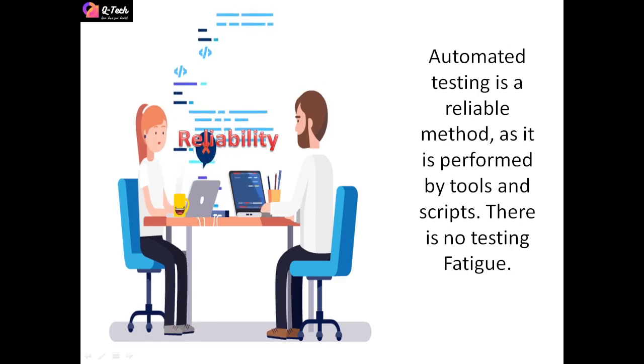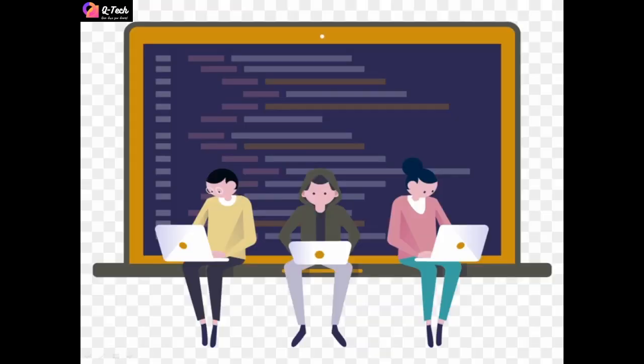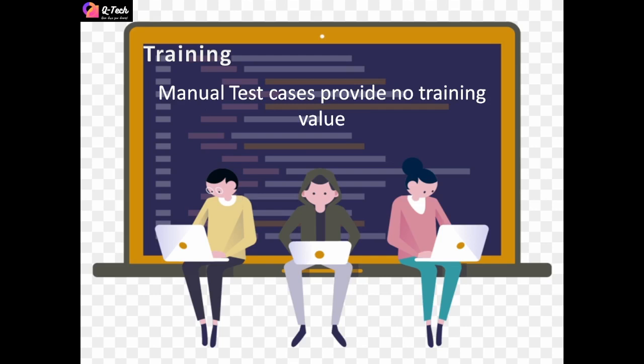And now the third one is the training process. In manual testing, test cases require no training values, so less training is required to execute test cases in manual testing.